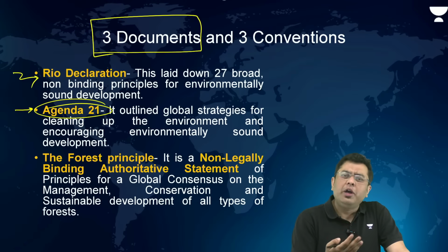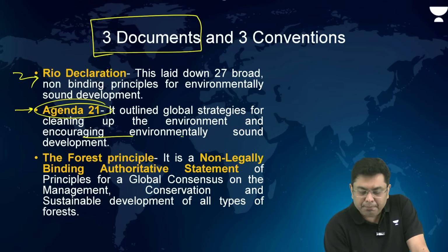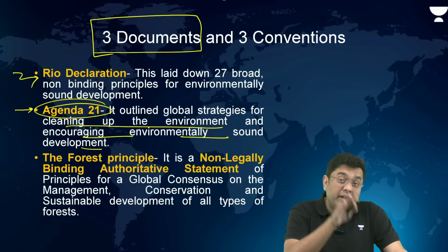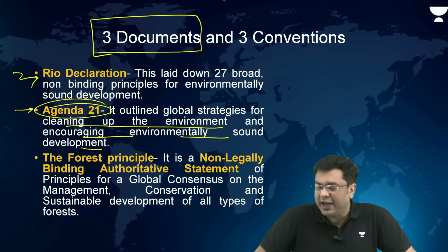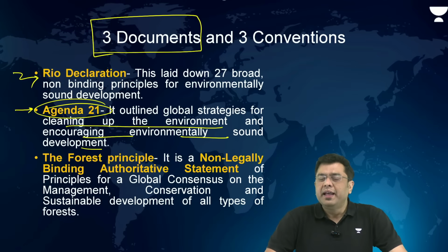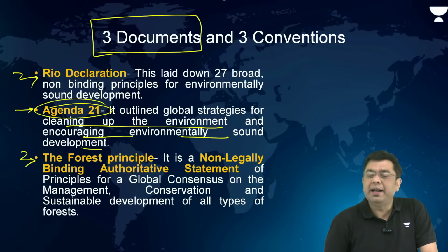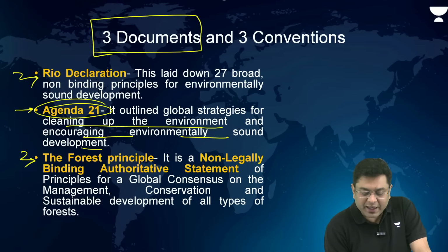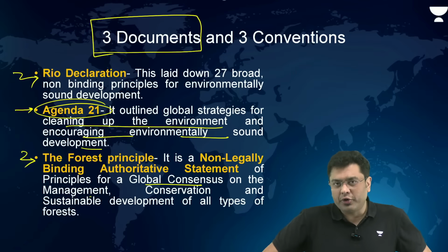It was about what measures could be taken for encouraging this development and at the same time cleaning up the already created mess in terms of environmental parameters. That was Agenda 21. And then you had the forest principle, non-legally binding statement of global consensus on management, conservation of forests across the world.